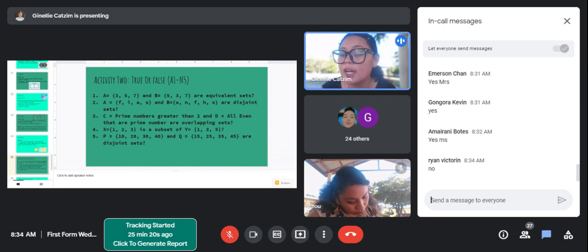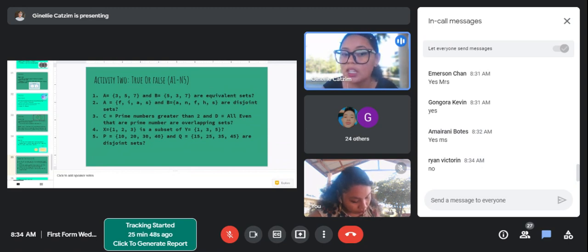Why? Because they have the same elements. Let's say if A was 3, 5, and 7, and B was A, B, and C, that would be an equivalent set. Why? Because they have the same amount of elements, and the elements are not the same, right? When they have the same elements, those are equal sets.